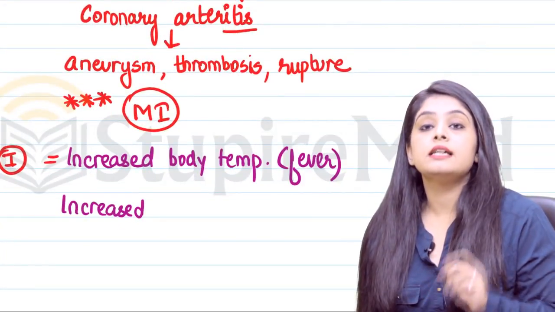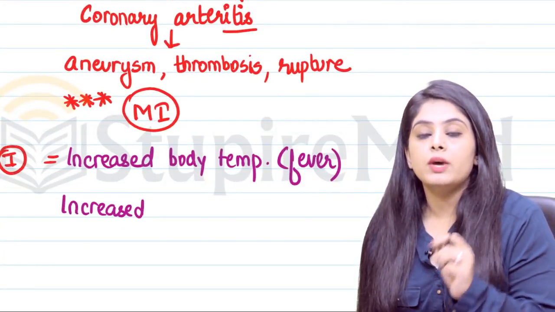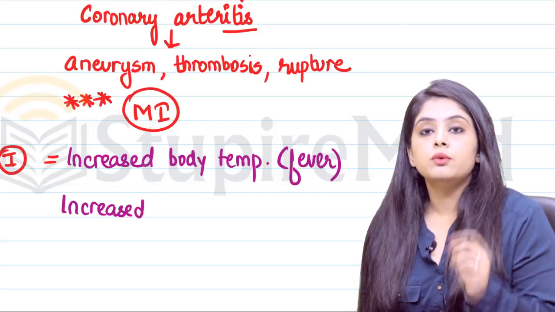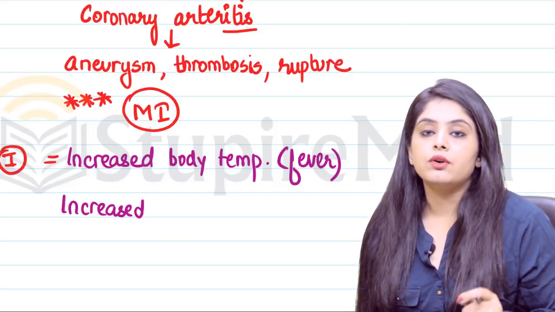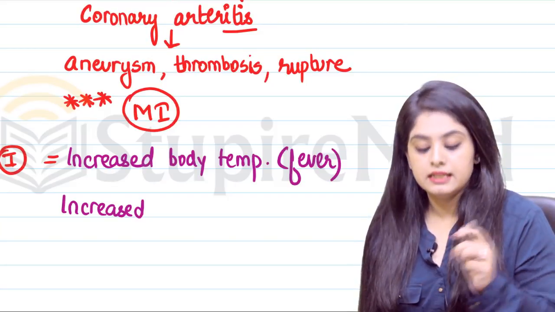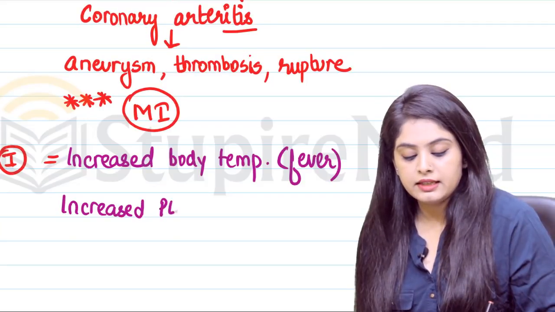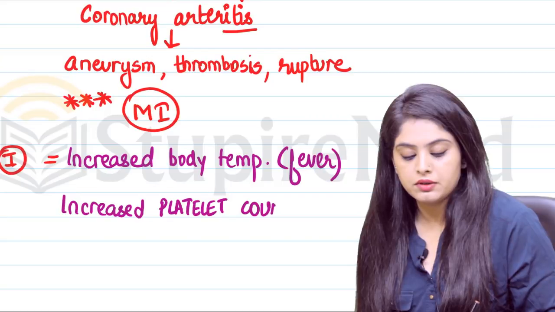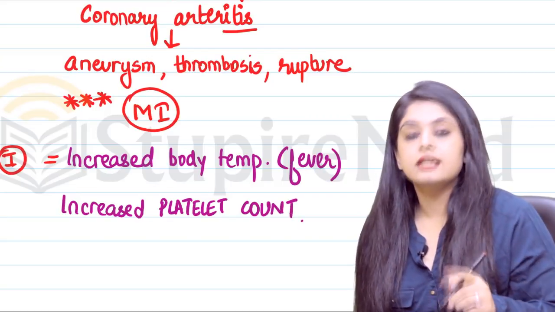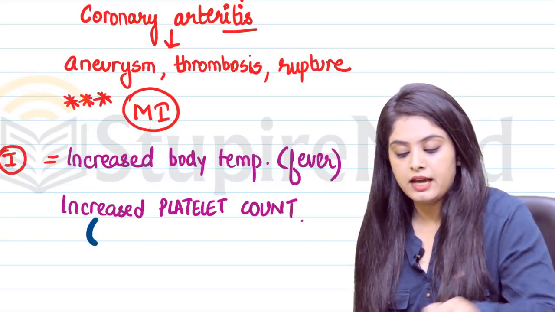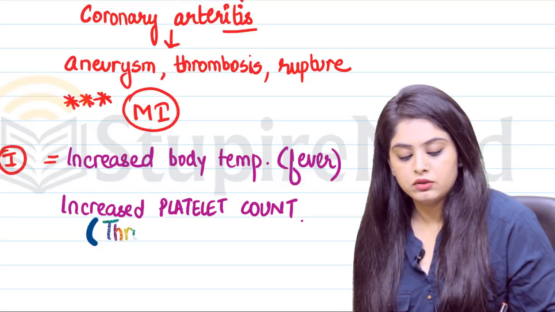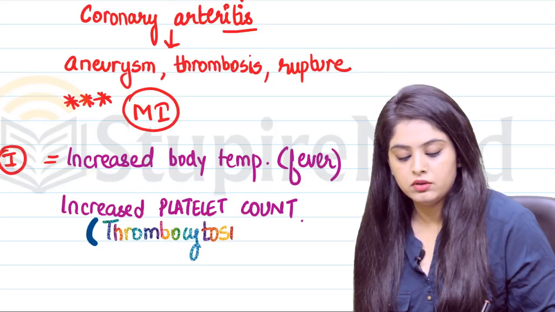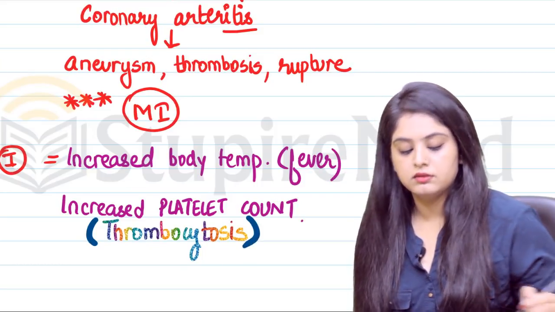The second finding, again, a potential question, very important. On doing a complete blood count of a child with Kawasaki, it has been seen that there is an increased platelet count, or give a more scientific term, that is thrombocytosis.